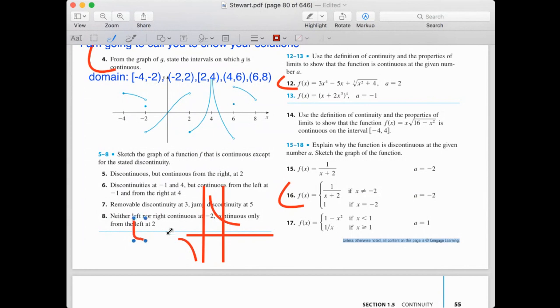The function value f of -2, we forced it to be 1 right here. So this is the -2 value, and this is 1.